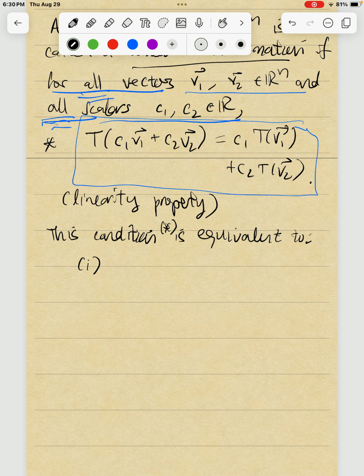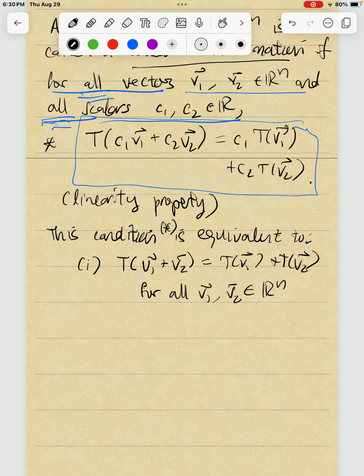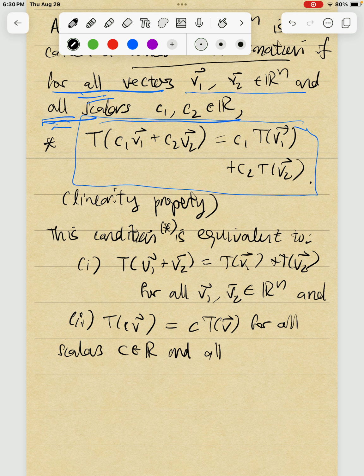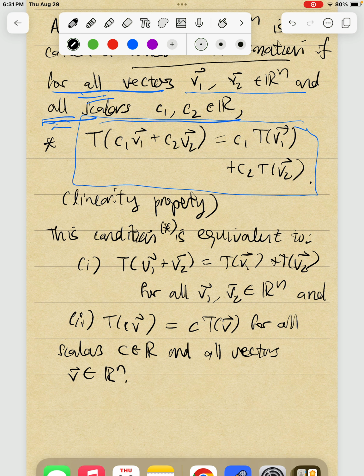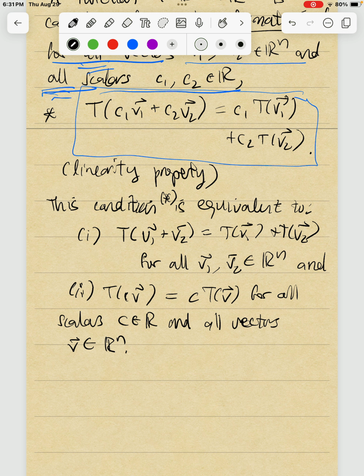So that T of v1 plus v2 is T of v1 plus T of v2 for all v1 and v2 in Rn, and the second condition is that T of cv equals c times T of v for all scalars c and all vectors v in Rn. Right, so it's equivalent to having both of these.